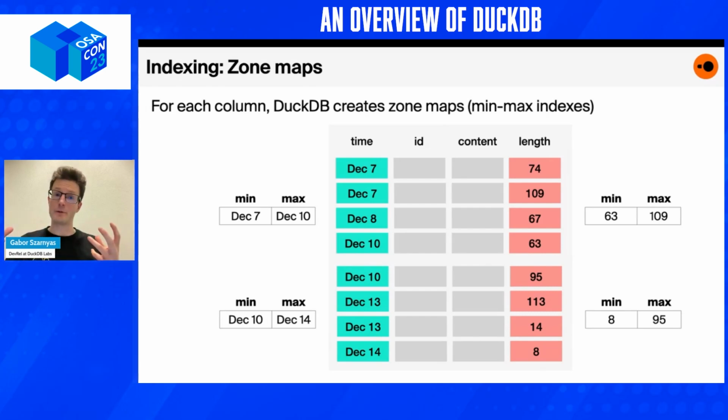And this is very useful, especially if your data is ordered, because if I ask something like what happened on this day, the 13th of December, then we can just go through these tiny min-max indexes, and then we can establish that it's only the second row group that we need to touch. So we do not have to touch any other row group, and we do not have to touch any of the other columns that we need, which makes the data access a lot more limited, allowing for very fast queries.